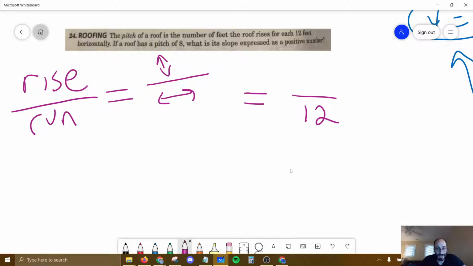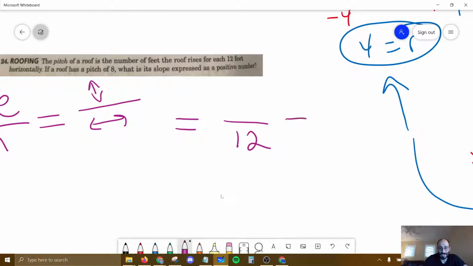So if the pitch equals 8, I don't know how much it rose. So if I don't know how much it rose, I've got to solve for it. I shouldn't put x there. That should be y, actually, because rise is y.